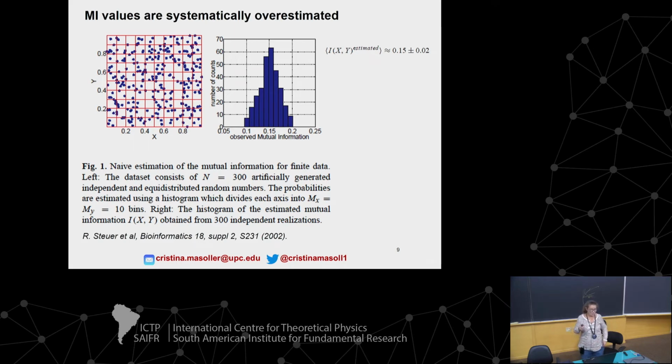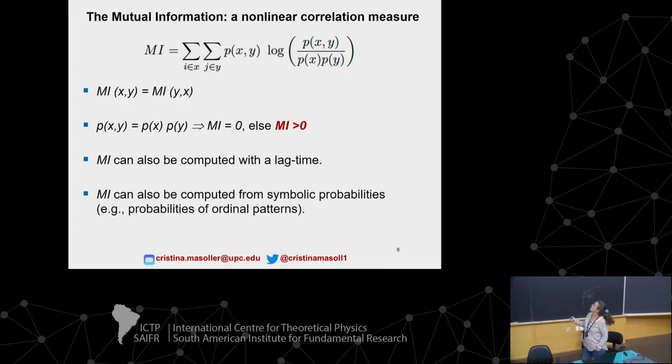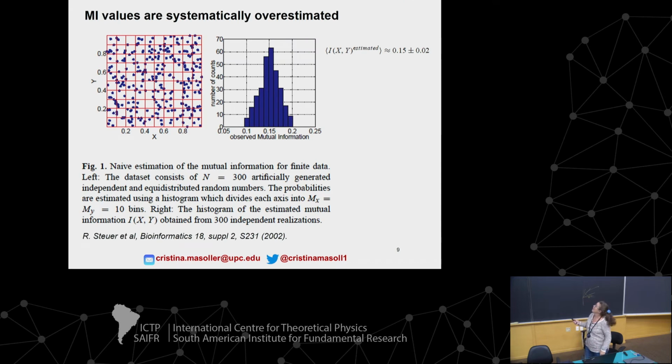Once you compute the mutual information using this expression, you have to use bins, you have to calculate the joint probability of this bin, and then the probability of X, which is this column, and the probability of Y, which is the row, basically the number of particles in this box.